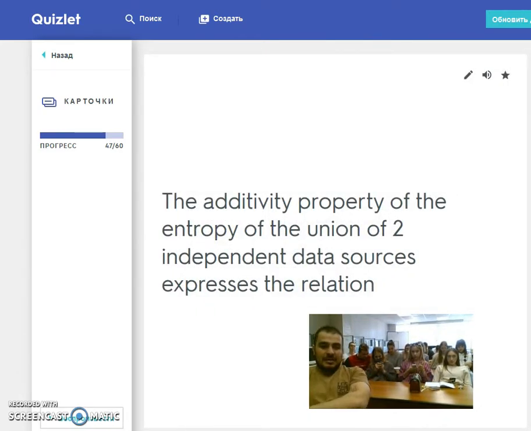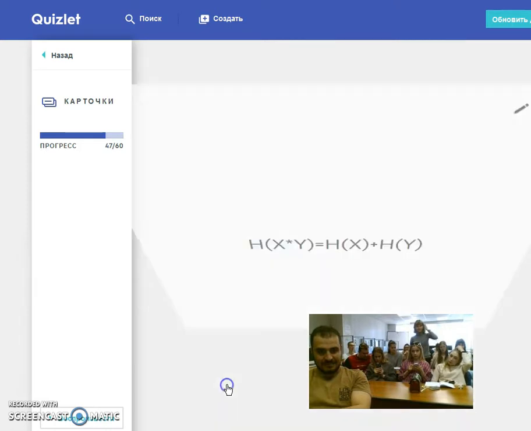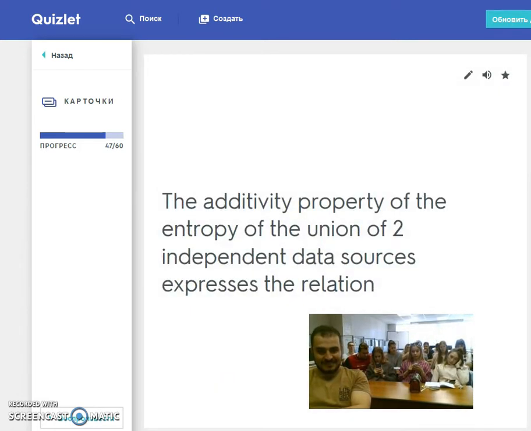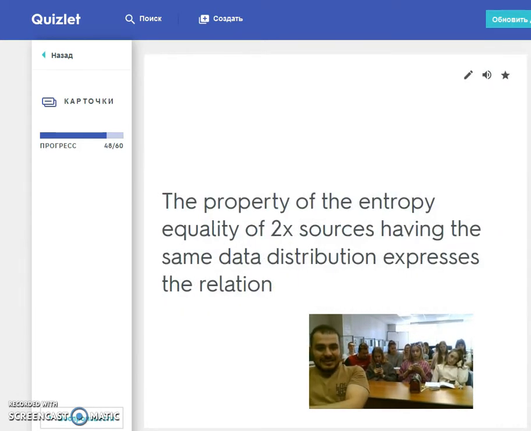The additive property of the entropy of the union of two independent data sources expresses the relation. The property of entropy equality of two sources X having the same data distribution expresses the relation.